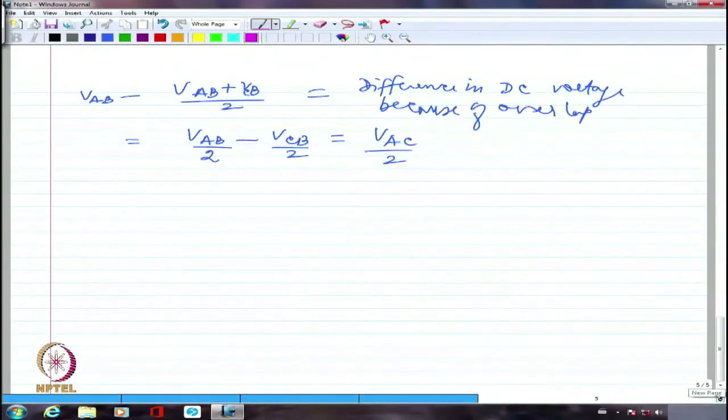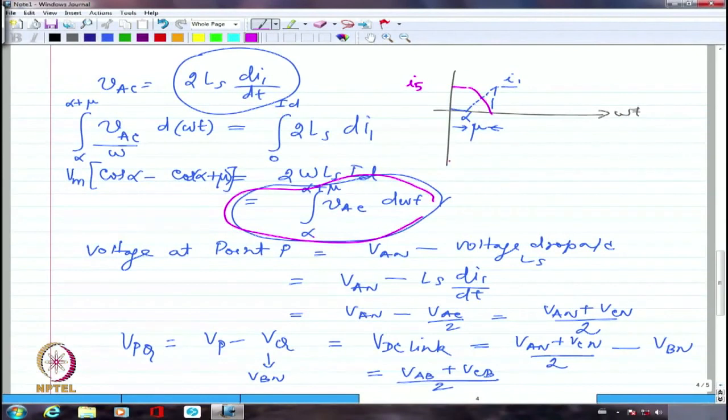So let me draw the waveform here. If I had drawn the waveform corresponding to the actual value of voltage, alpha had been 60 degrees for example, I should have had the voltage like this. This should have been the voltage VAB without commutation overlap.